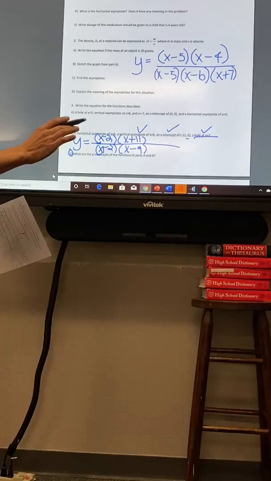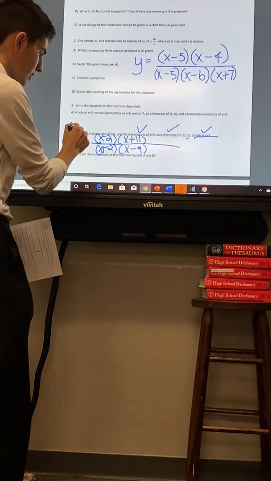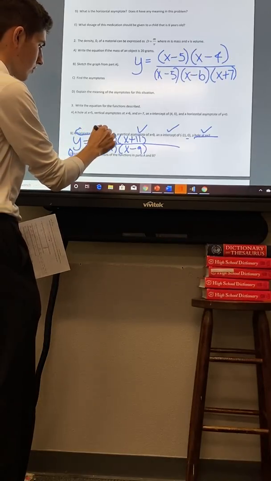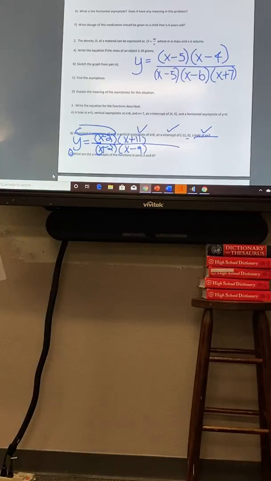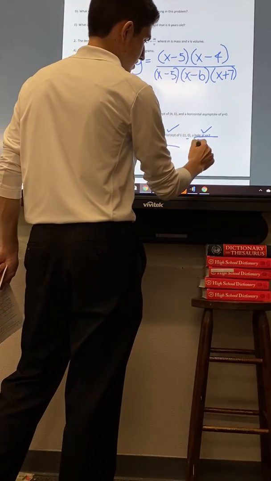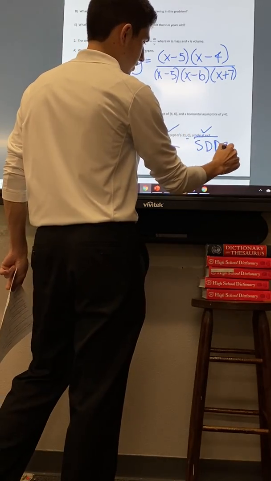Here's kind of a tricky part. This is the first time we've created an equation with a horizontal asymptote of y equals 5, so we need to think about what rule could work. It's obviously not bigger on top because we would not have a horizontal asymptote. It's obviously not bigger on bottom because we would have 0. So we have to get SDDC, same degree, divide coefficients.